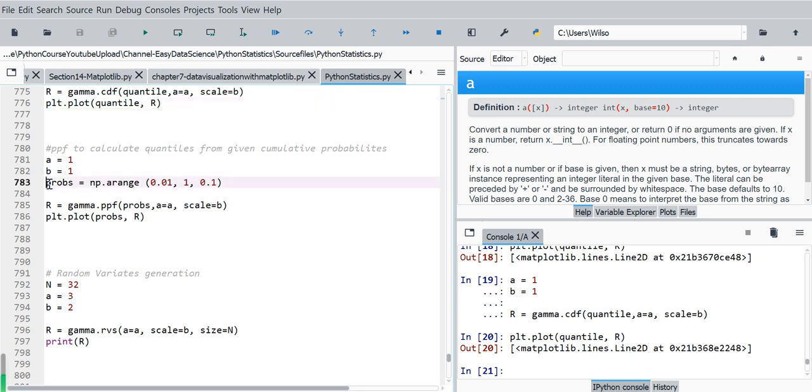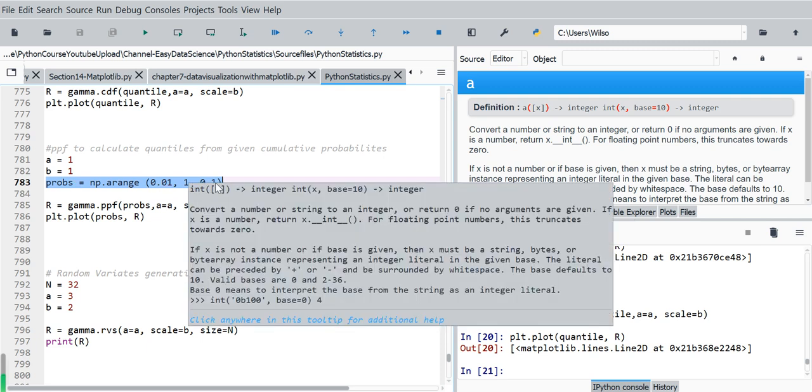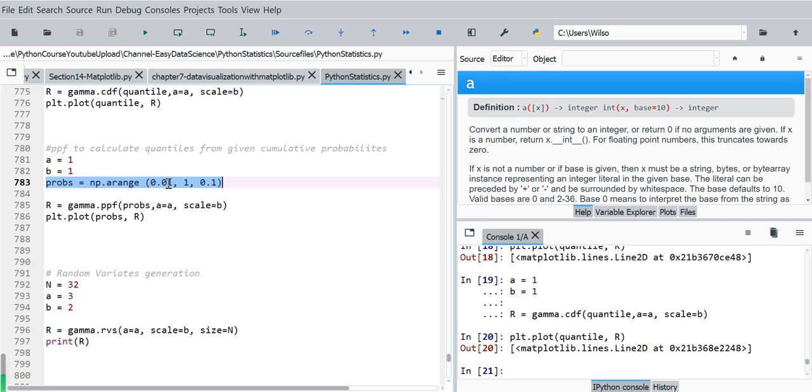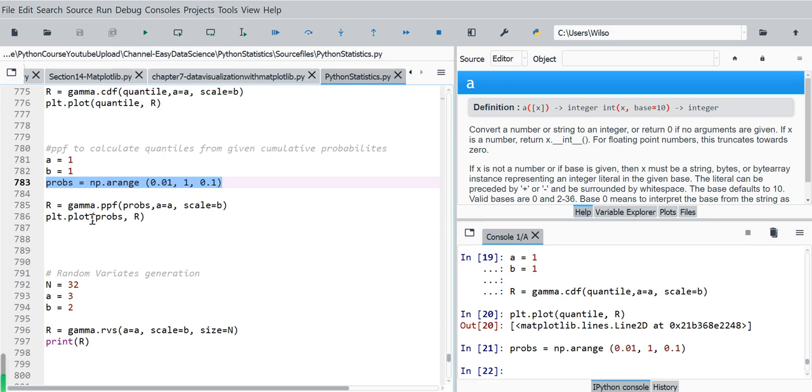So we create a probability array called probs with values between 0.01 and 1 with a gap of 0.1. Because probabilities cannot be larger than 1, we set the values between 0.01 and 1. Next we can use the function gamma.ppf to calculate the random value x, also called quantiles, from the given probabilities.